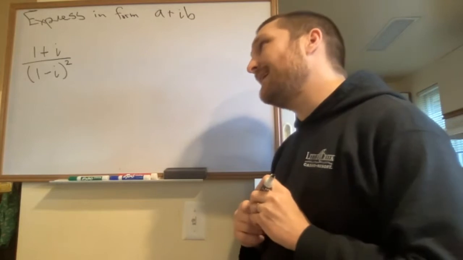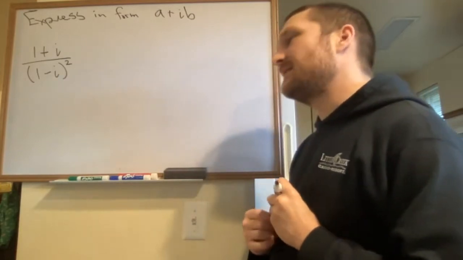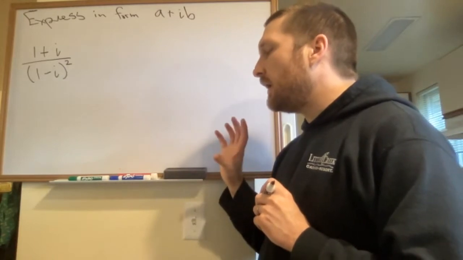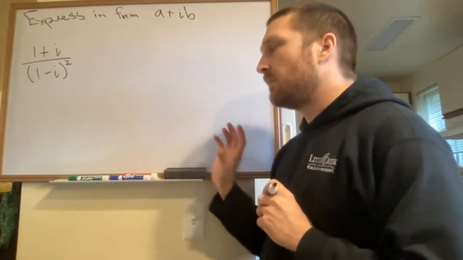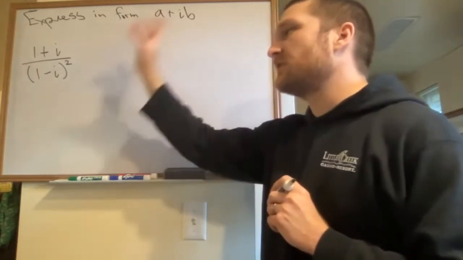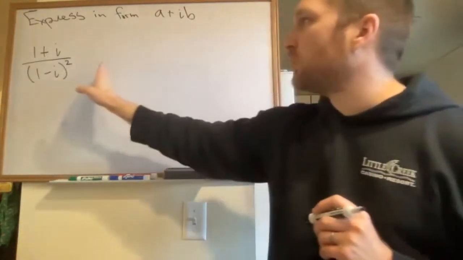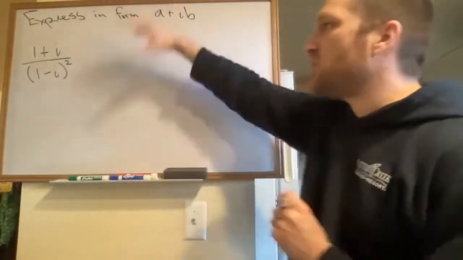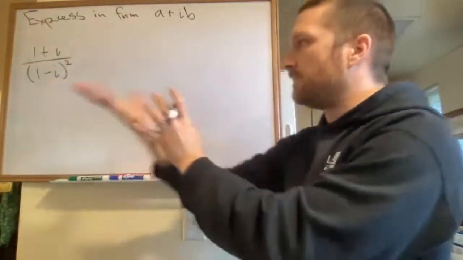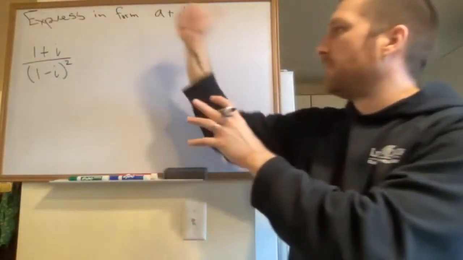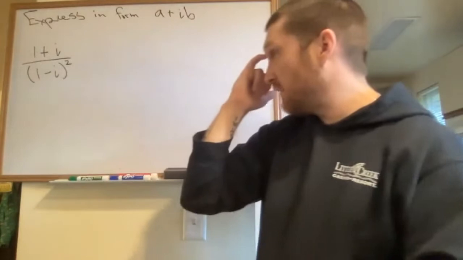I think the easiest way is, since I know that I could multiply a complex number by its conjugate to turn it into a real number and get that denominator to be a pure real number, then I could just split up the real part from the imaginary part in the numerator.